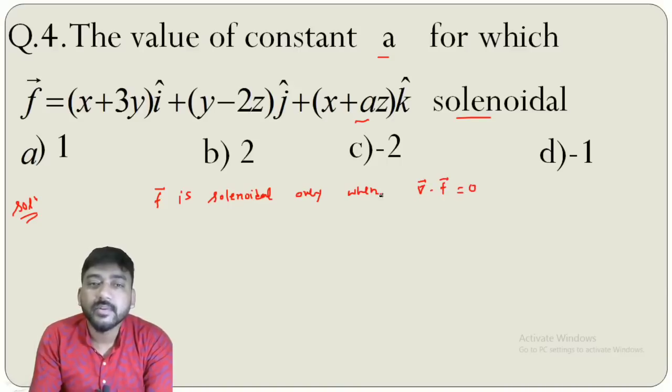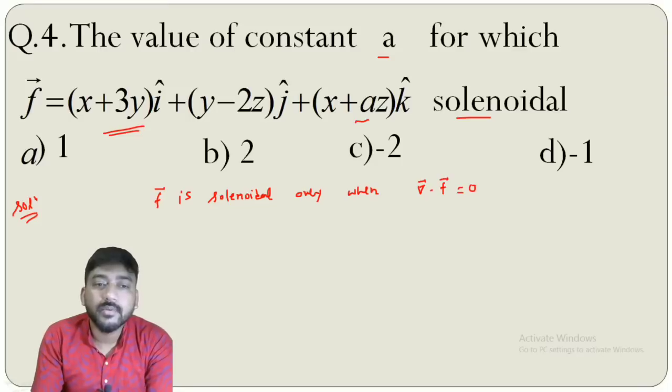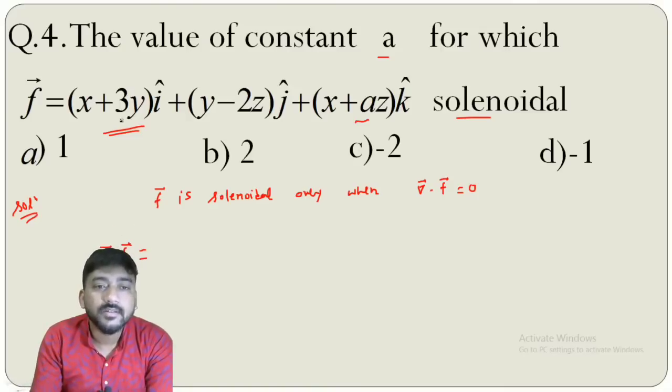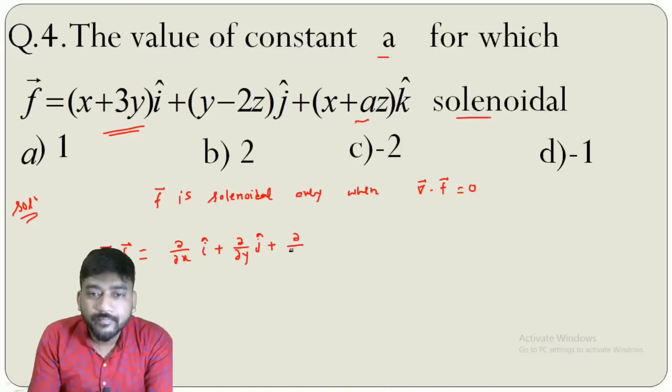So you have to find out divergence f for this function. So what will be the divergence f here? Divergence f will be first del x i cap plus del y j cap plus del z k cap dot this vector f.